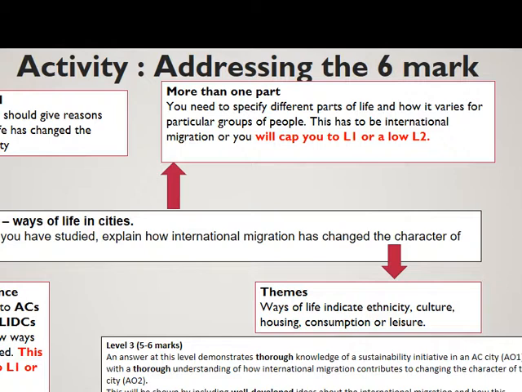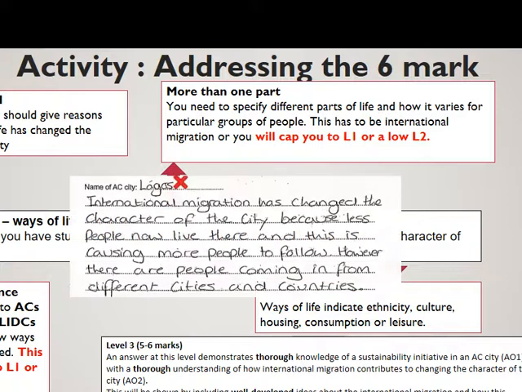If I flash up now for you an example from last year's year 11s and show you what it got, you can see the mark scheme for a level 3, 5 or 6 marks, which you're more than capable of. Thorough knowledge needs to be had for this, but this was an example, as you can see on the board.